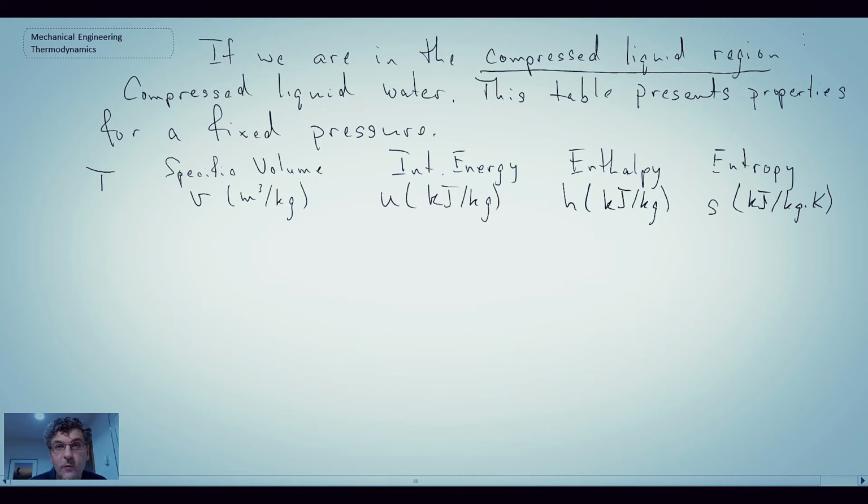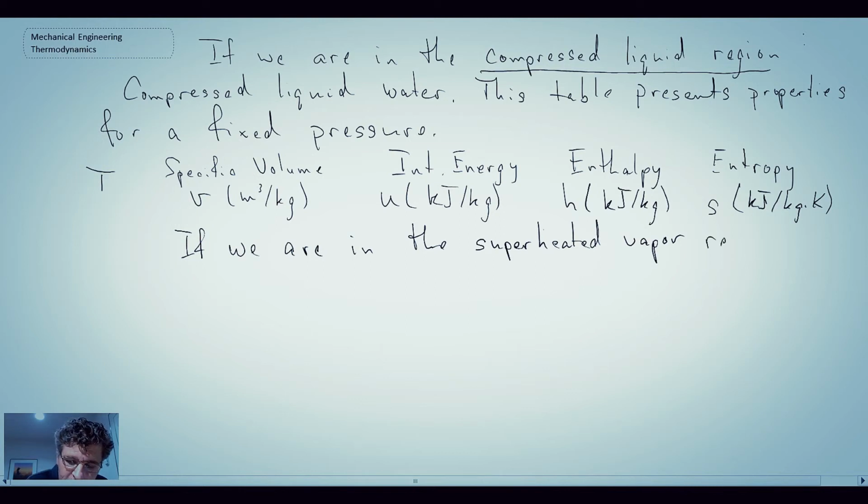Now, if we're to the right of the two-phase region, then we would be in what is referred to as being the superheated vapor region. So in this region, what has happened is all of the liquid has boiled. It's gone into vapor phase, and then we've increased the temperature beyond the saturation temperature.